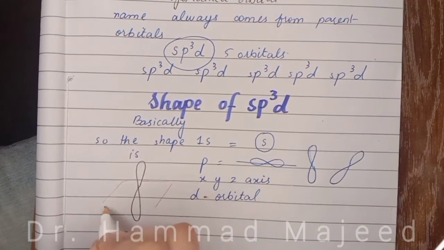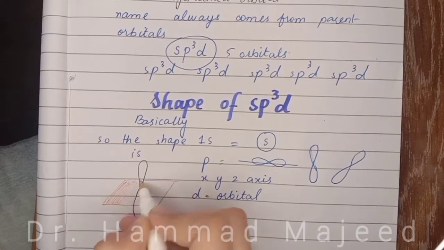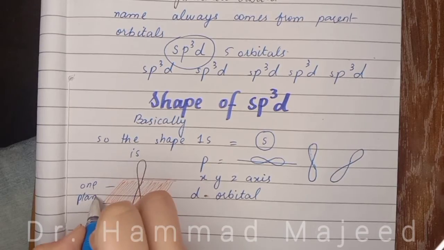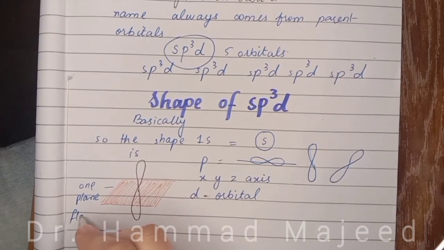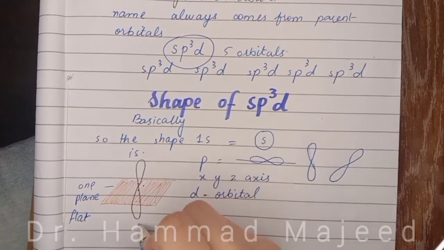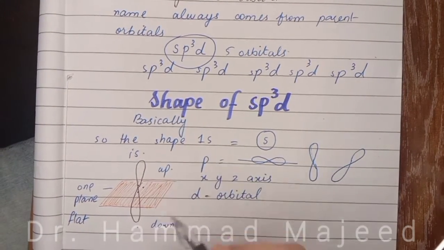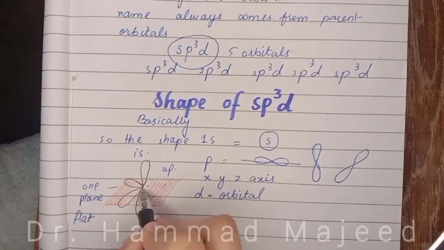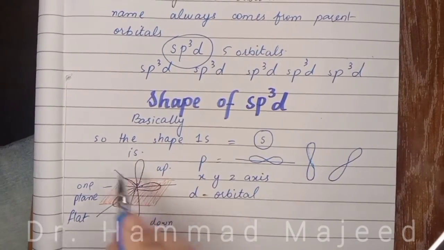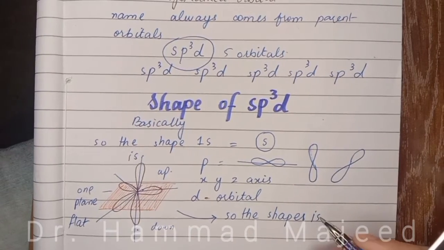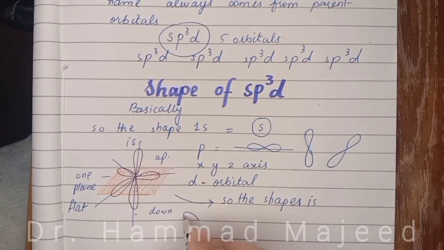There is one plane. 3 of the hybridized orbitals are in one plane, making a trigonal structure, and 2 hybridized orbitals are out of the plane, one in the upward direction and one in the downward direction. So these 3 orbitals are making a triangle, a trigonal shape.